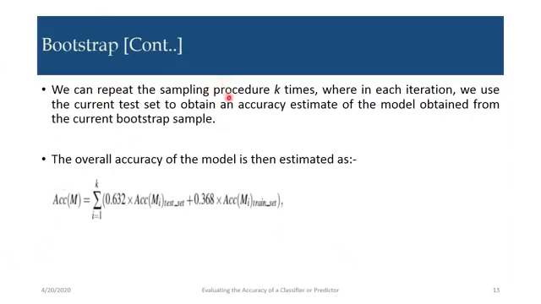We can repeat the sampling procedure k times, where in each iteration we use the current test set to obtain an accuracy estimate of the model obtained from the current bootstrap sample. So the overall accuracy of the model M is then estimated as Acc(M) = summation of i = 1 to k of (0.632 × Acc(Mi)test set + 0.368 × Acc(Mi)train set).